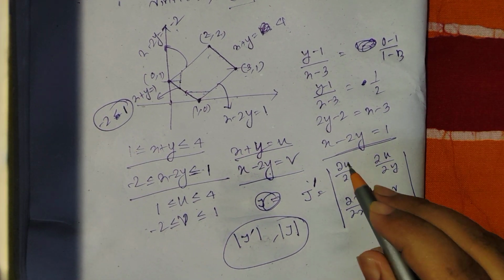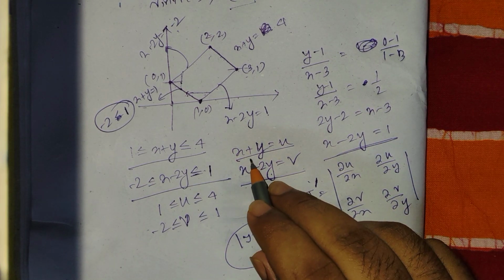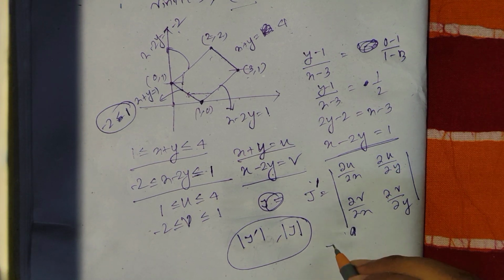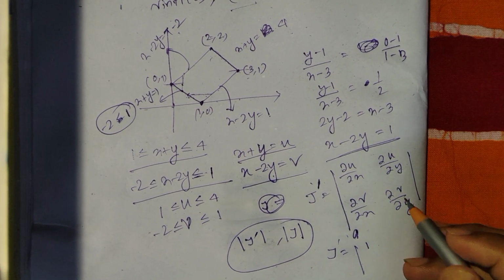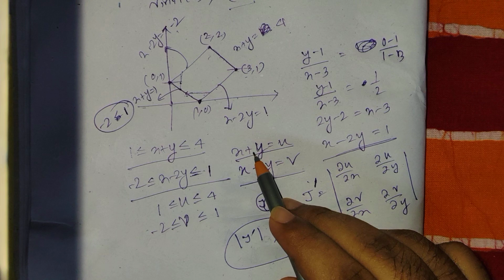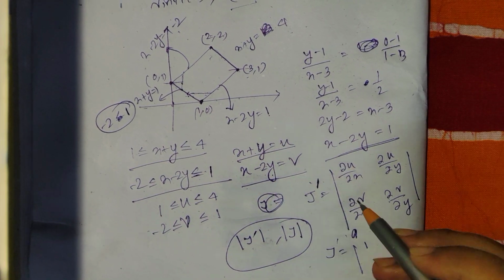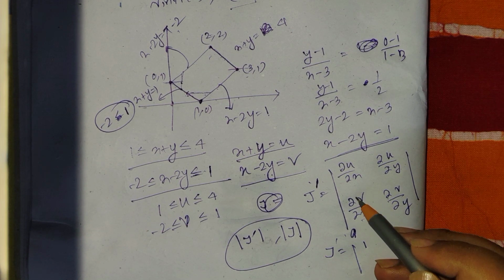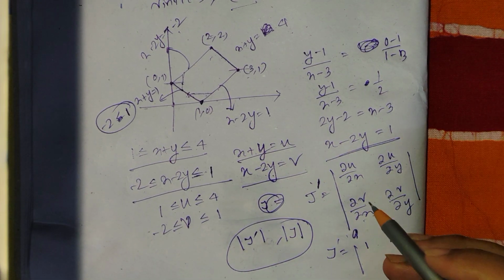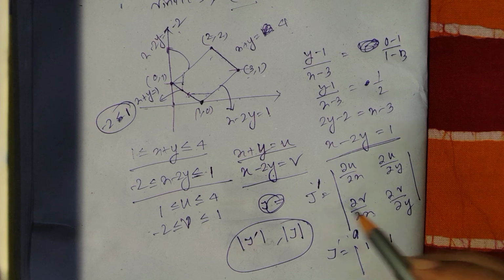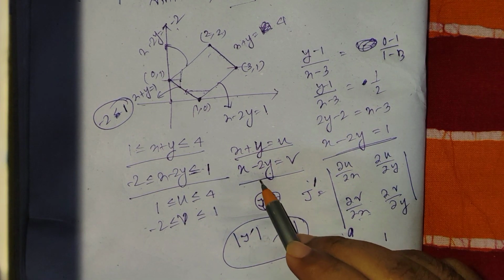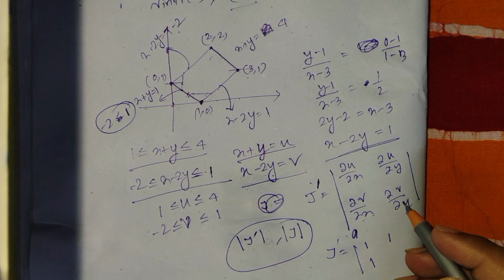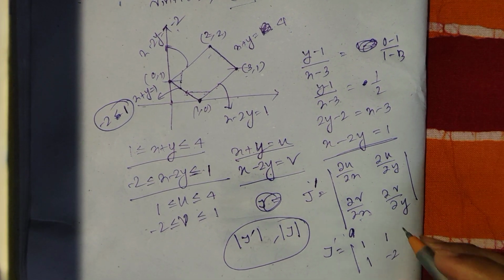Now you can see the derivative of u with respect to x is nothing but 1. I mean J prime is basically 1. This is again 1. You can see from this equation. From this equation you can solve this part, del v by del x, the partial derivative of v with respect to x, is basically 1, and with respect to y it's minus 2.